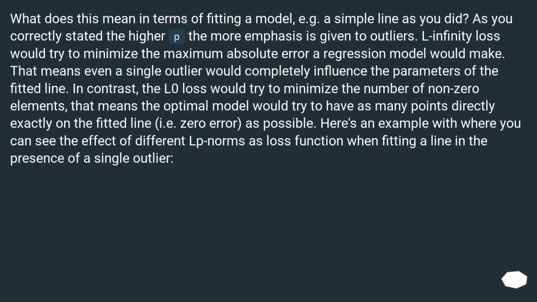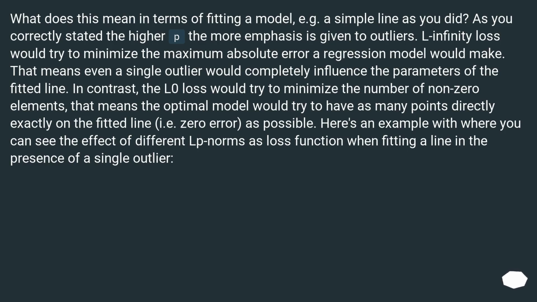What does this mean in terms of fitting a model, for example a simple line as you did? As you correctly stated, the higher p, the more emphasis is given to outliers. L-infinity loss would try to minimize the maximum absolute error a regression model would make. That means even a single outlier would completely influence the parameters of the fitted line.